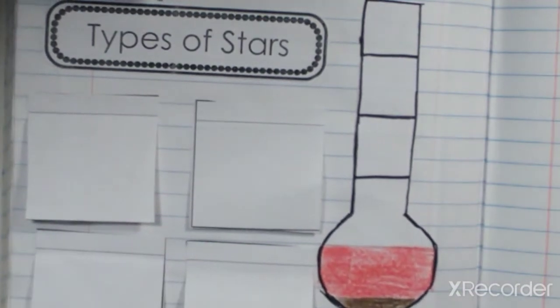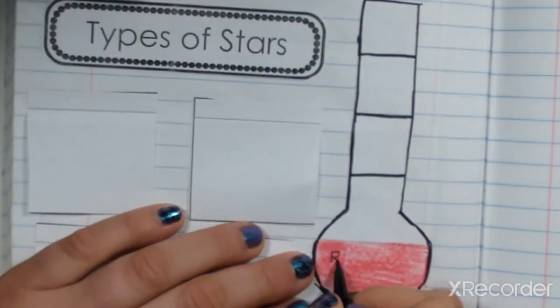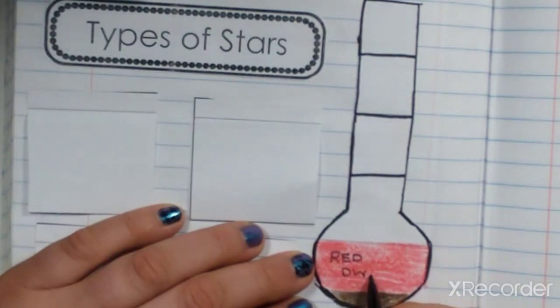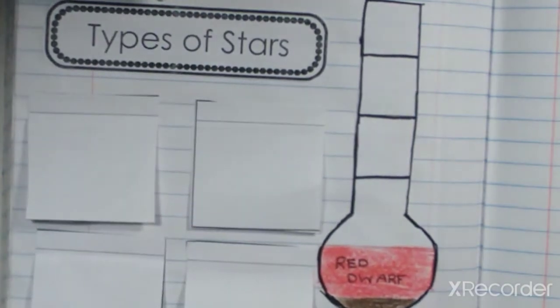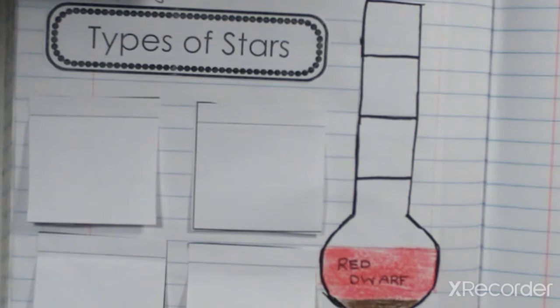Okay. So the red is actually going to be called a red dwarf. So I'm going to write that. I have tons and tons of pens.